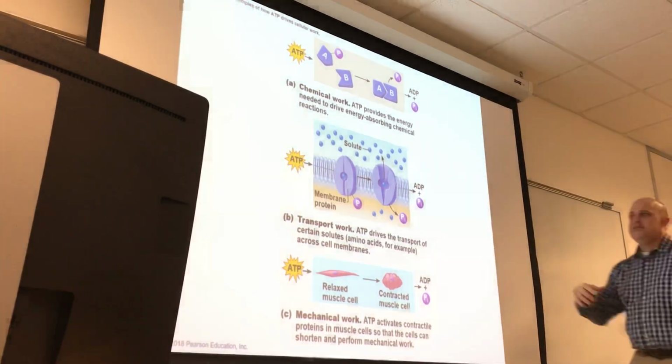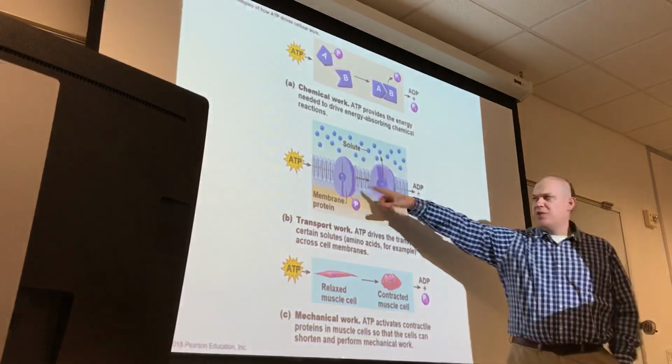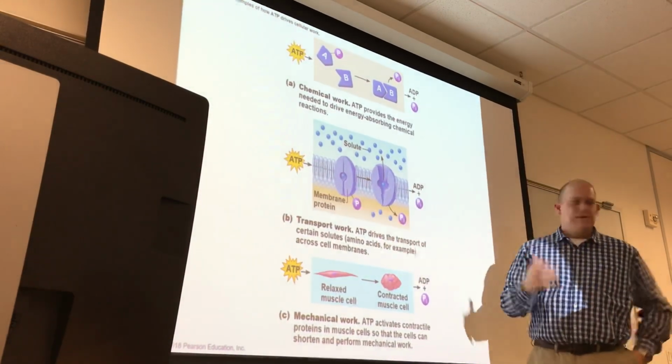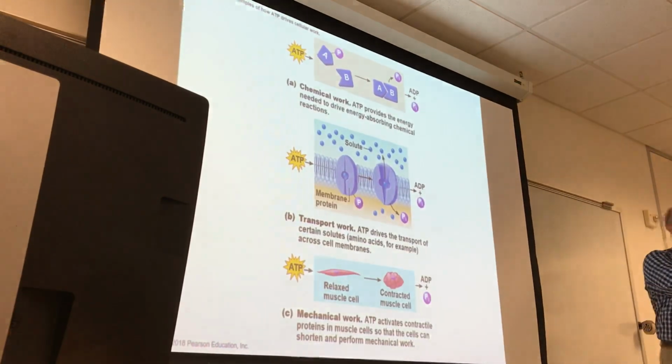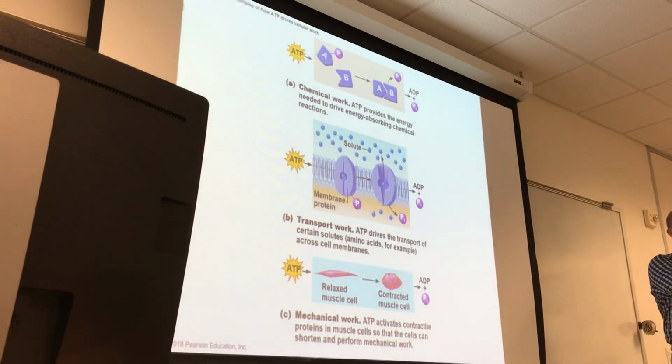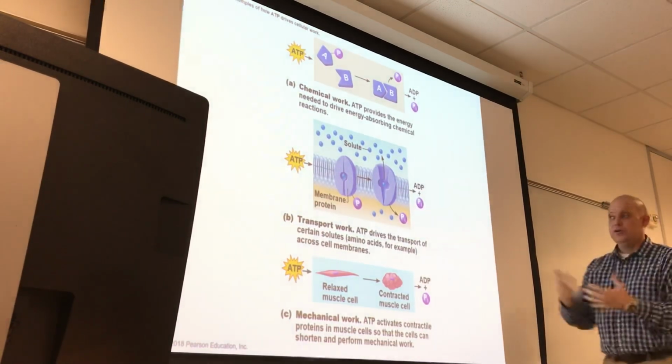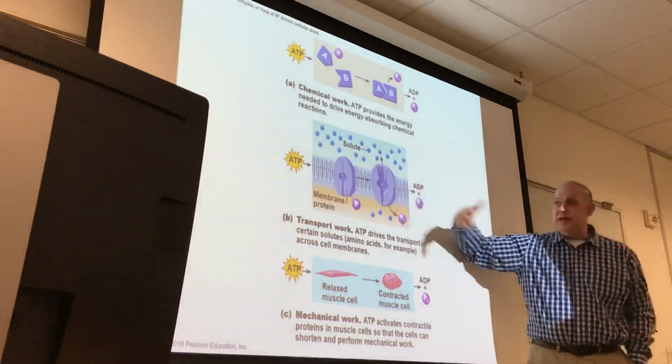The problem is, in order for these protein channels to allow some substance to enter the cell, they have to change their shape. So maybe they're open like so. For that substance to come in, that little protein has to change its shape. It literally has to move. For that to occur, it requires energy.